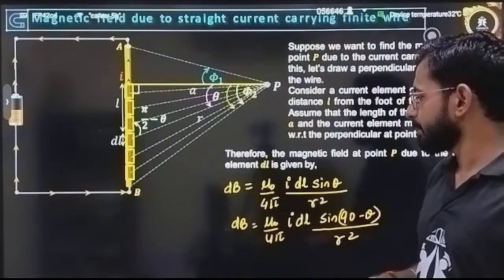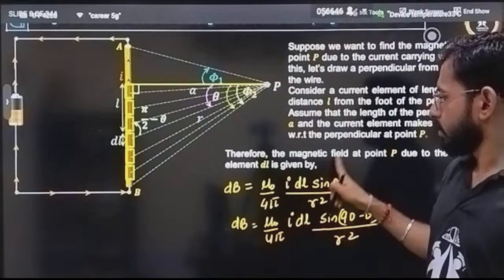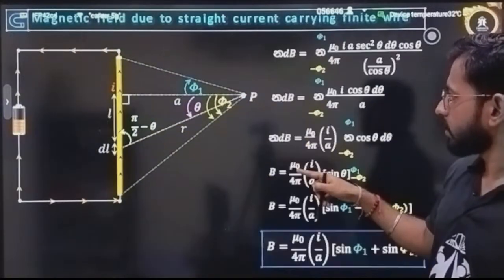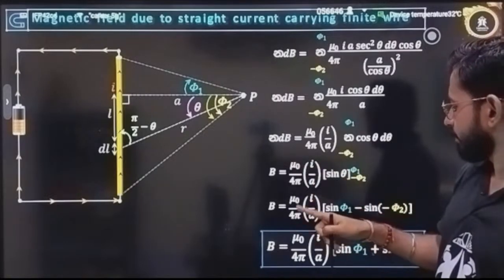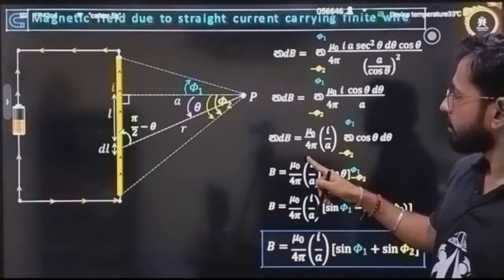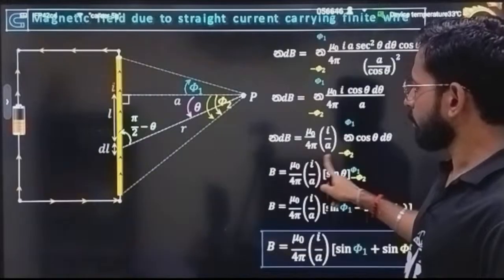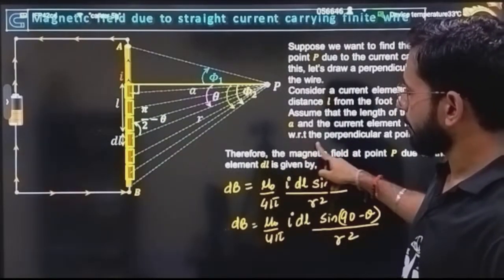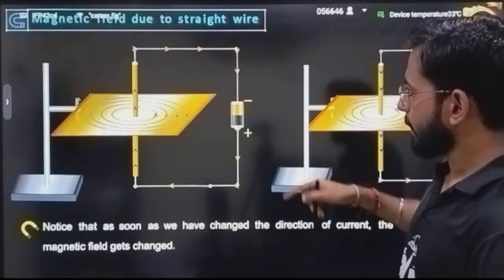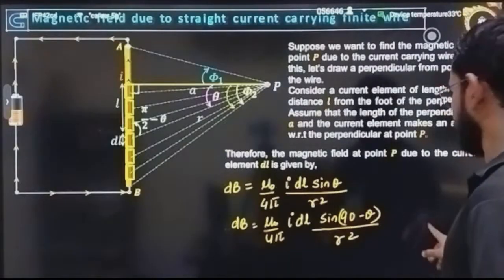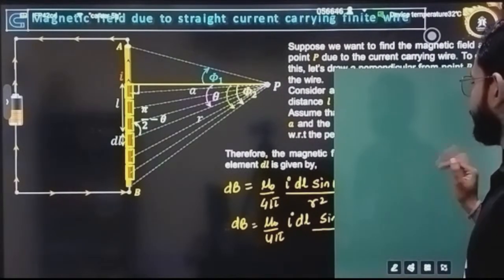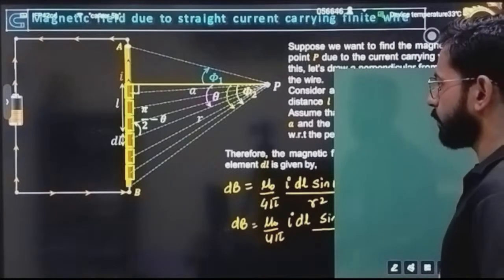Now let's see how much the magnitude will be at any general point. What will be the magnitude? Fine, here I can do this derivation.